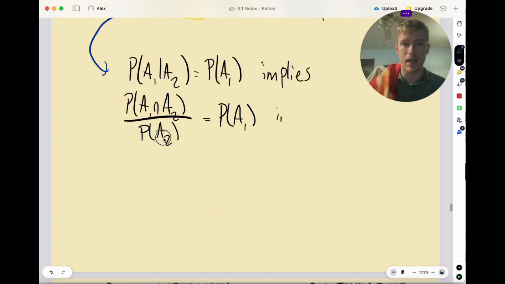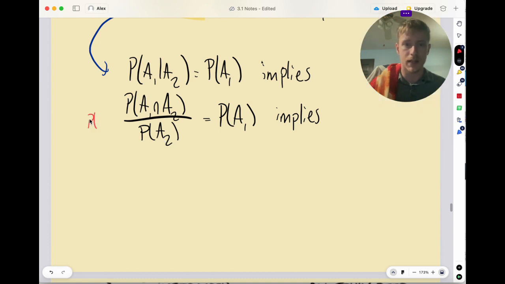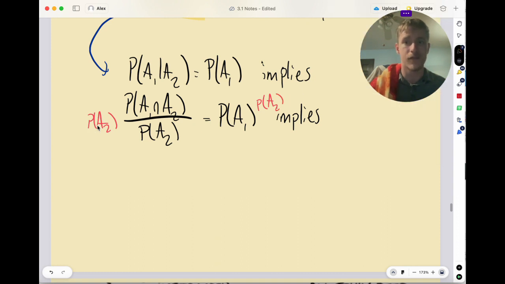That implies, if you multiply both sides by the probability of A2, then you get a more useful condition of independence of events, which is that two events are independent when the probability of their intersection is just the product of their probabilities.